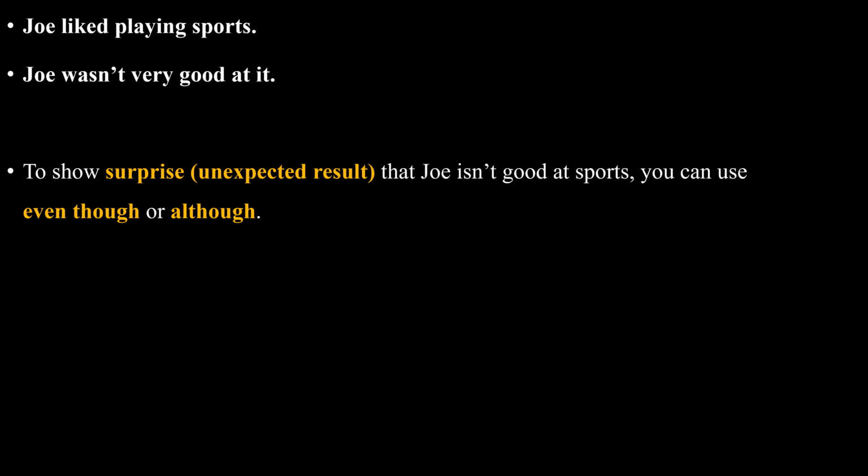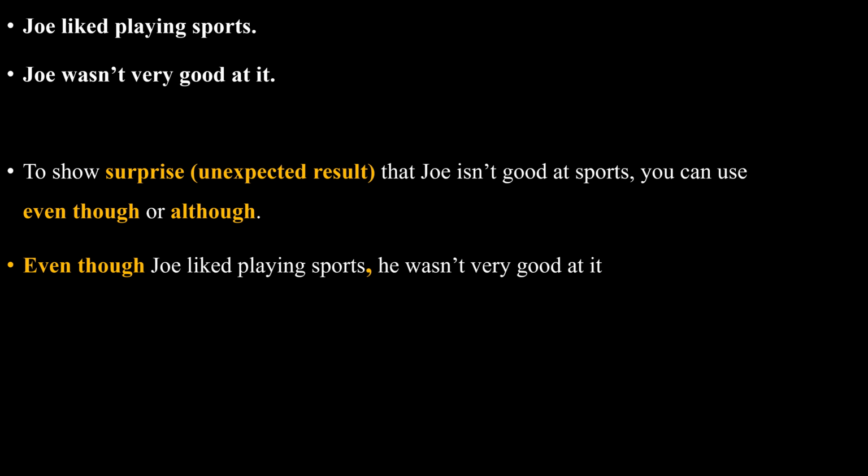Now let me take another example. Joe liked playing sports. Joe wasn't very good at it. So he liked the sport, but he is not good at it. So if I want to show a surprise in these two sentences, if I want to show an unexpected result that Joe isn't good at sport, I can use even though or although.